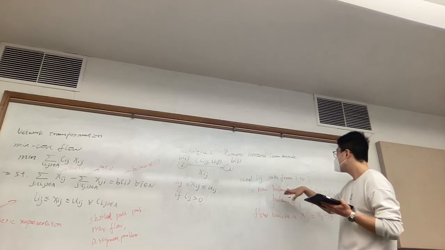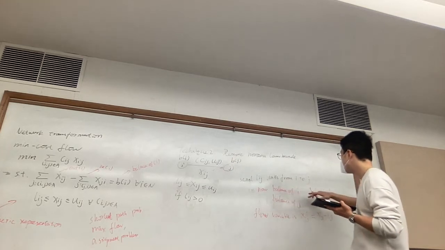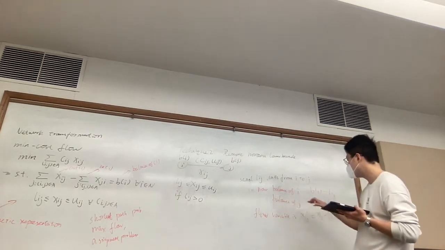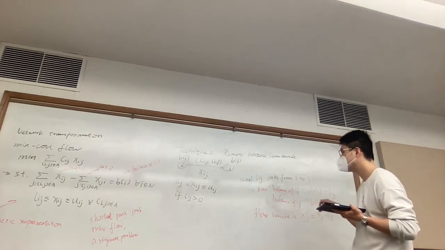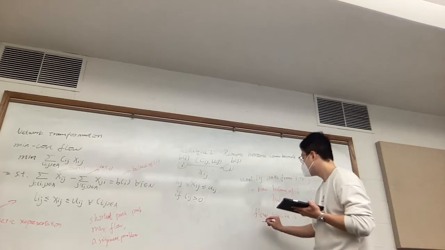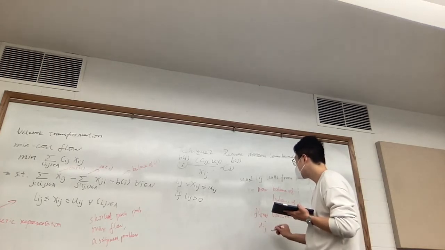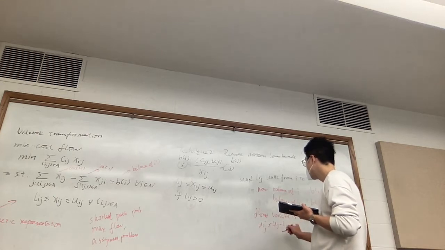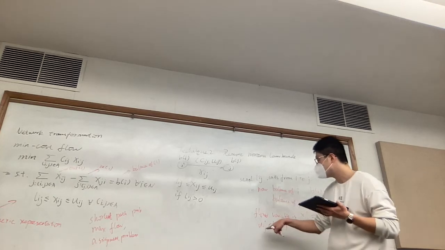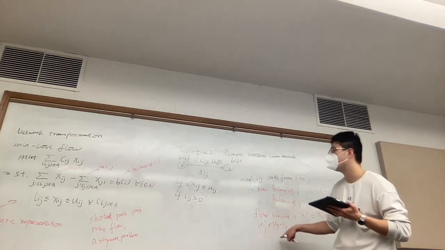We make the balance of I to be Bi minus Lij, the balance of J to be Bj plus Lij. And of course, now the Uij prime, the upper bound, becomes Uij minus Lij. This is the upper bound for the excess flow from I to J.